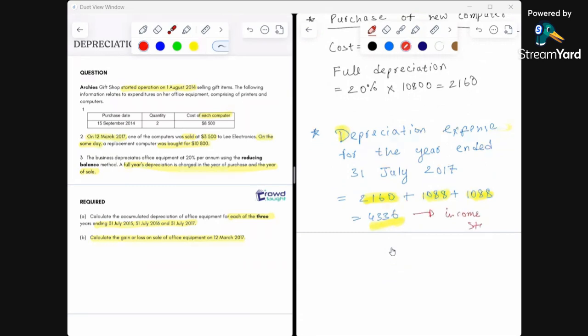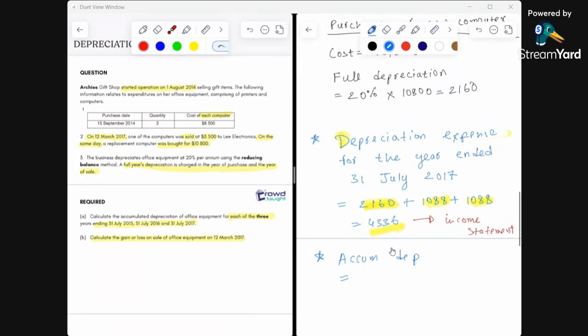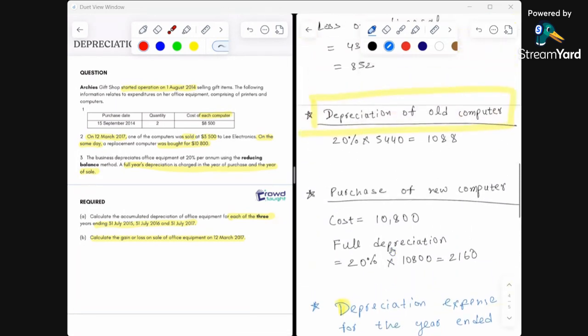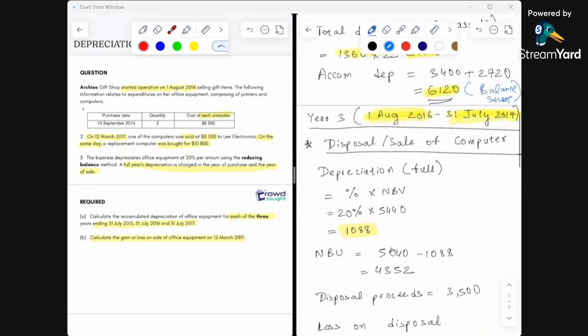as the income statement. How much should we report for the accumulated depreciation? The accumulated depreciation is something which we report in the statement of financial position or the balance sheet, as you know. So how much will we report for that? It's going to be the total for accumulated depreciation that we had previously at the end of year 2. So I'll just scroll back up, not to break your concentration, just hold it.